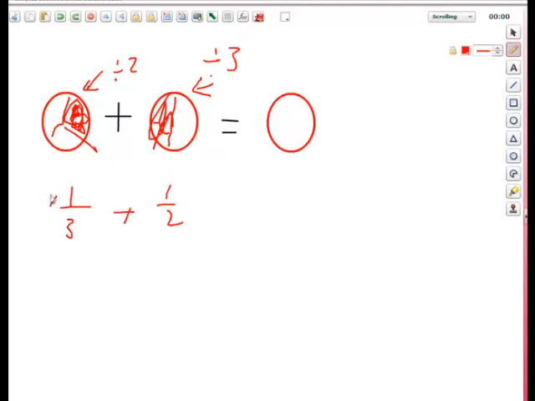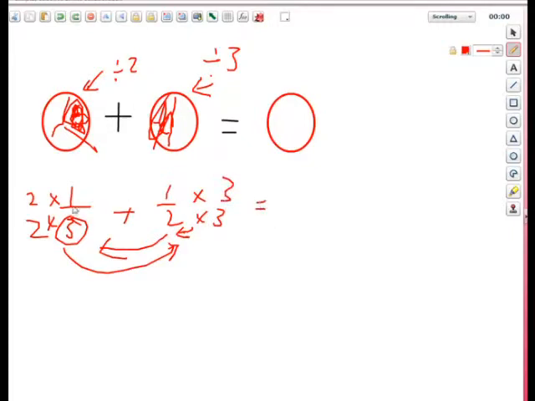Okay, so to get a common denominator, we're going to multiply this by the 2, and we're going to multiply this by the 3, which, as you can see, is 2 over 6 plus 3 over 6, which is 5 over 6.